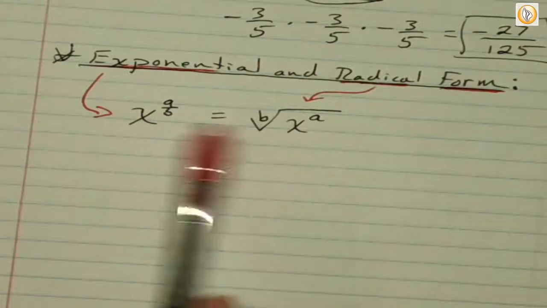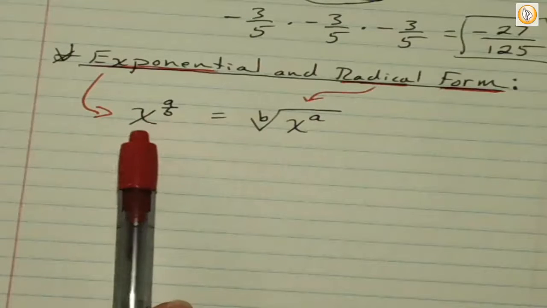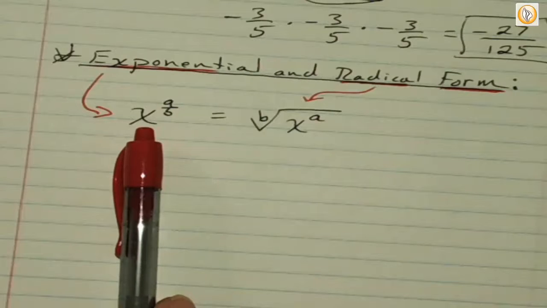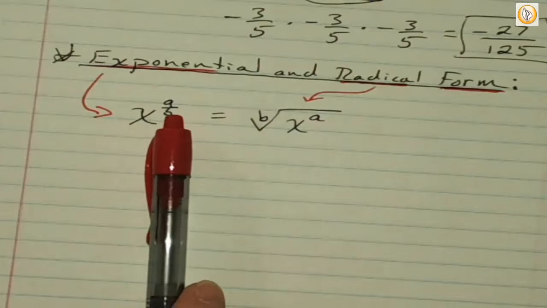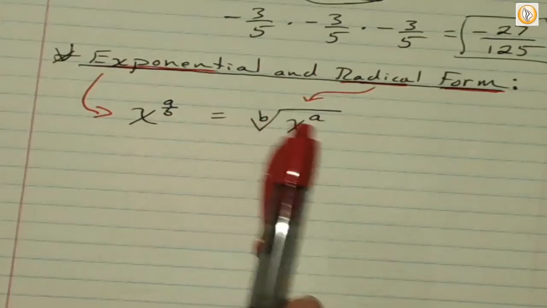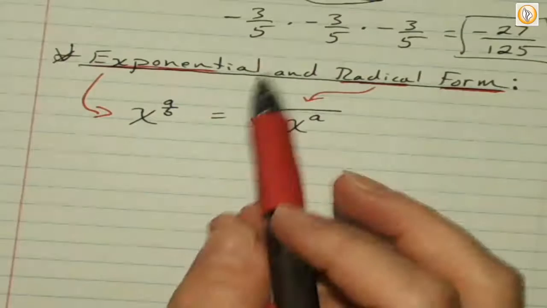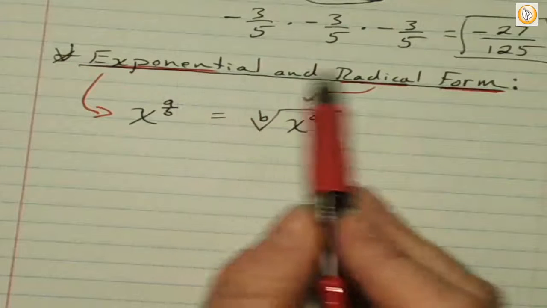If I were to give you this and say, just show me the radical form of that, all you do is take the denominator, put it in the checky thing, and then you're good. That literally is it. But my students tend to get confused as to which is which.